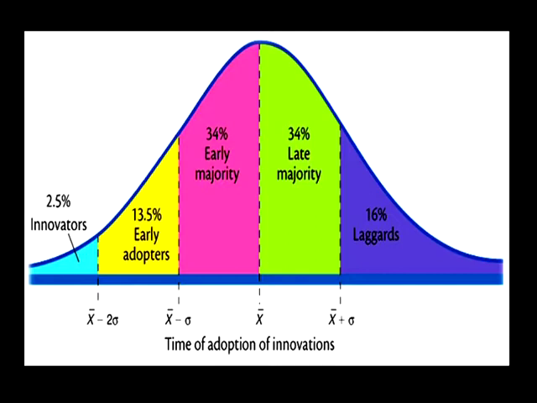This was the case again with the iPod, where 2.5% of the people tried this new technology before it moved to the early adopters. Roughly 13.5% of the people belong to the category of early adopters who, once the innovators have tried the product and given a positive review, would like to try.